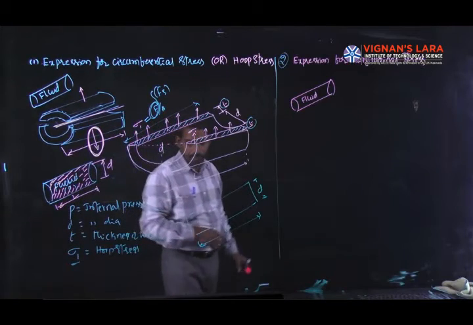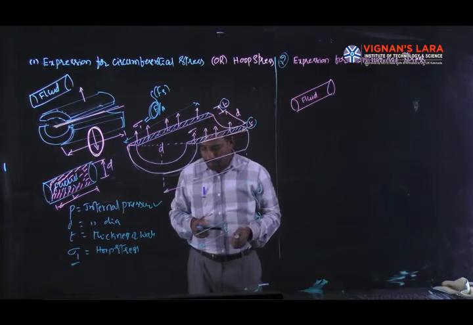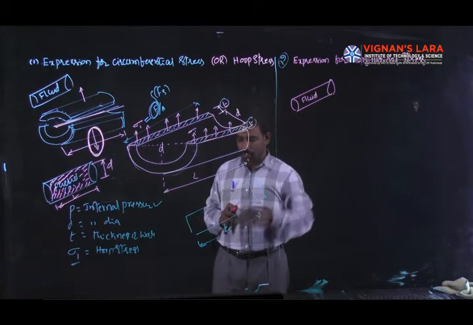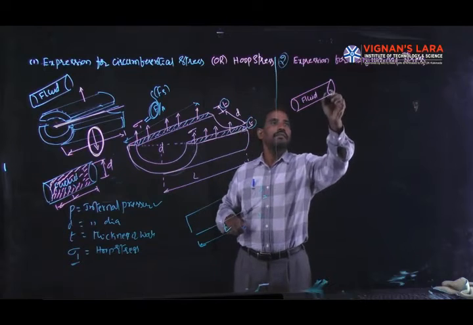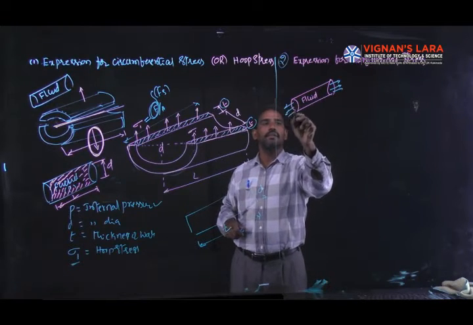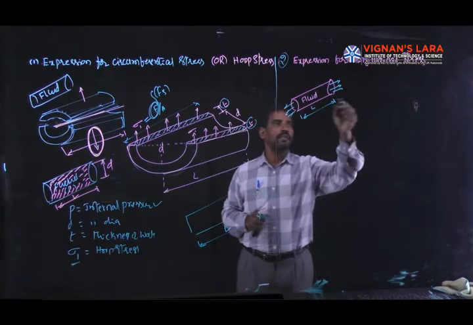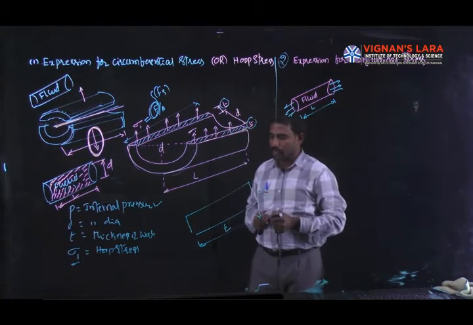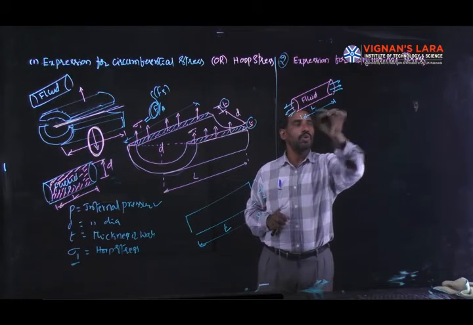Similarly, whenever the fluid is carried by a cylinder, the bursting takes place if the force due to fluid pressure acts on the ends of the cylinder. This is the length of the cylinder, for example. So the bursting takes place along the length.